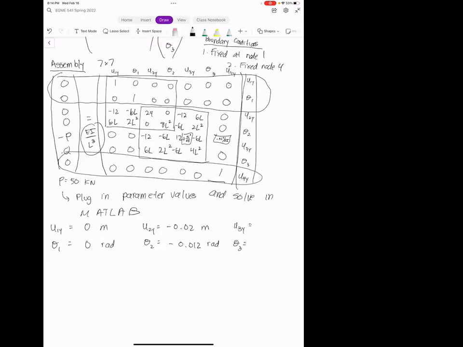This is where we have the most action, because this is where our load is applied. The displacement there is minus 0.0638 meters, so about 6.4 centimeters, pretty decent. And then the rotation here is minus 0.016 radians.